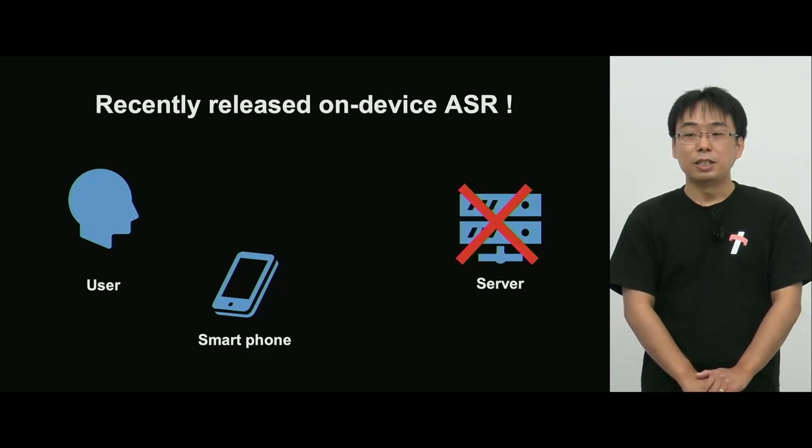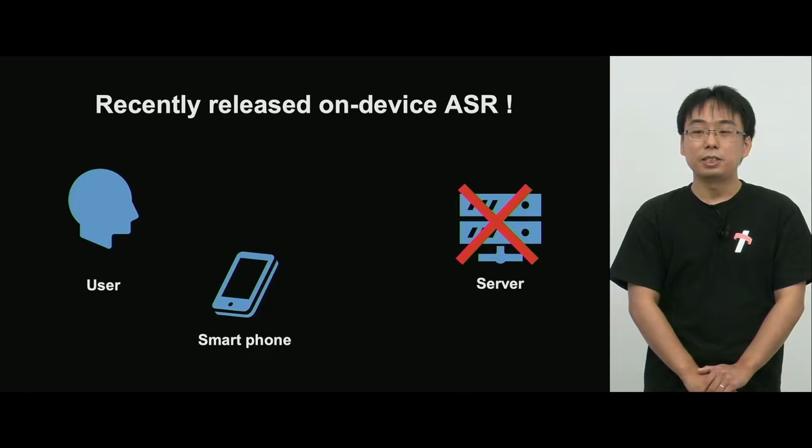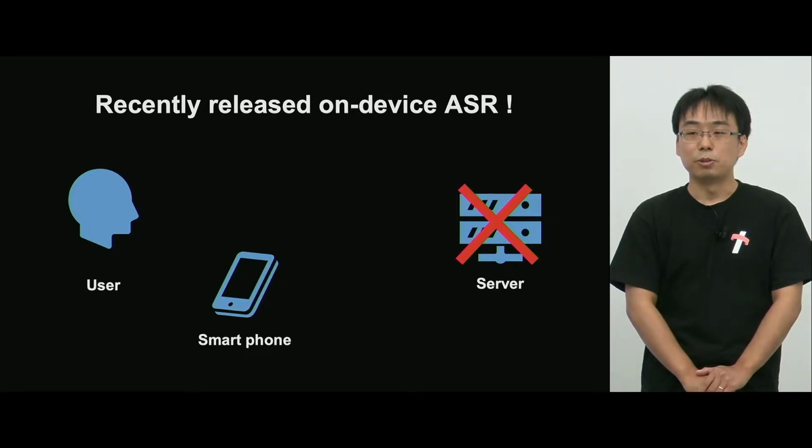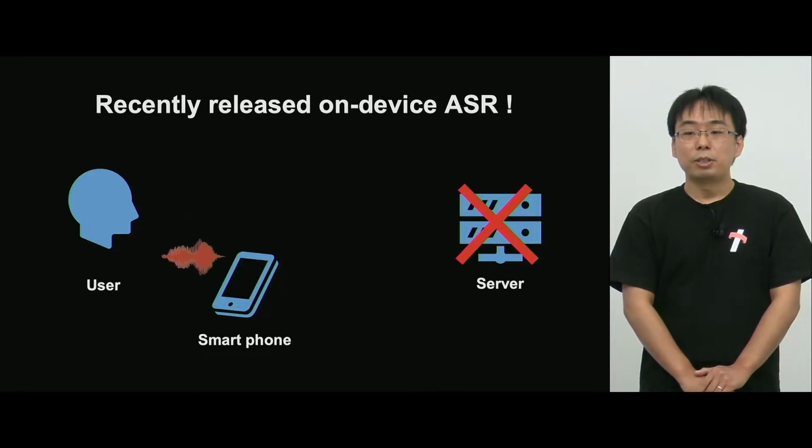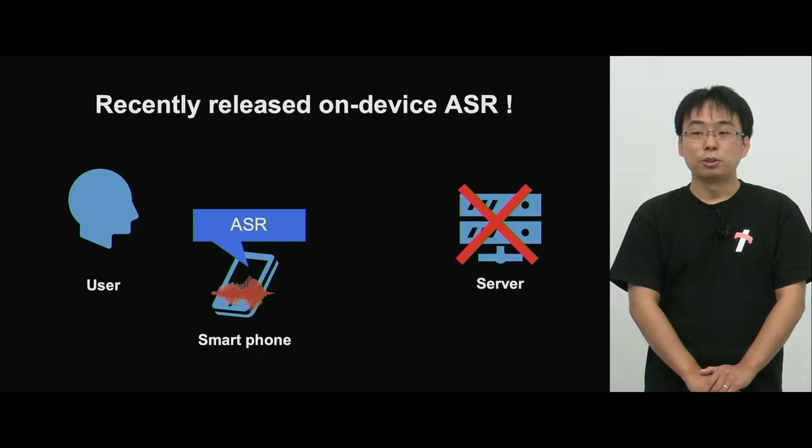To solve these issues, we have released the on-device ASR, which processes the ASR on the edge device. On-device ASR does not require communication with the server, so it doesn't have any issue of stability and latency.